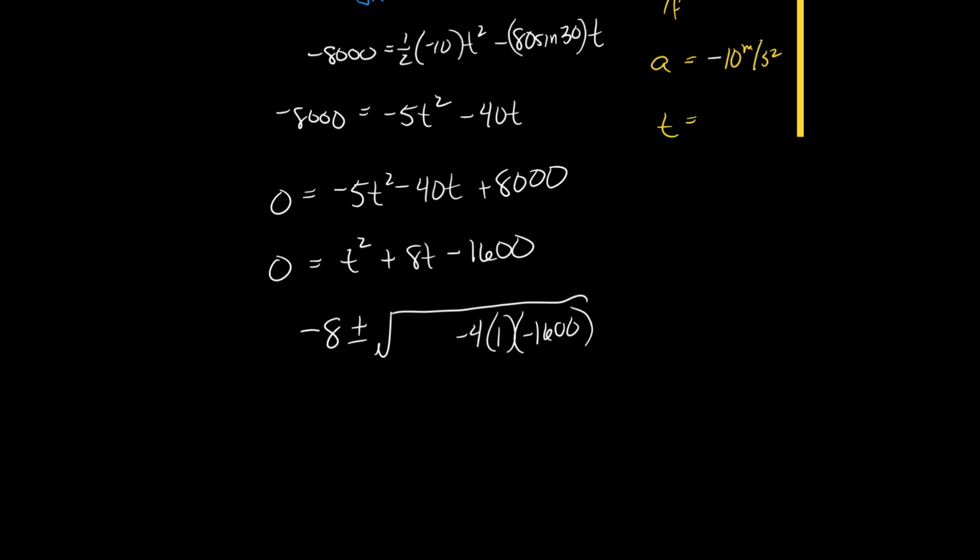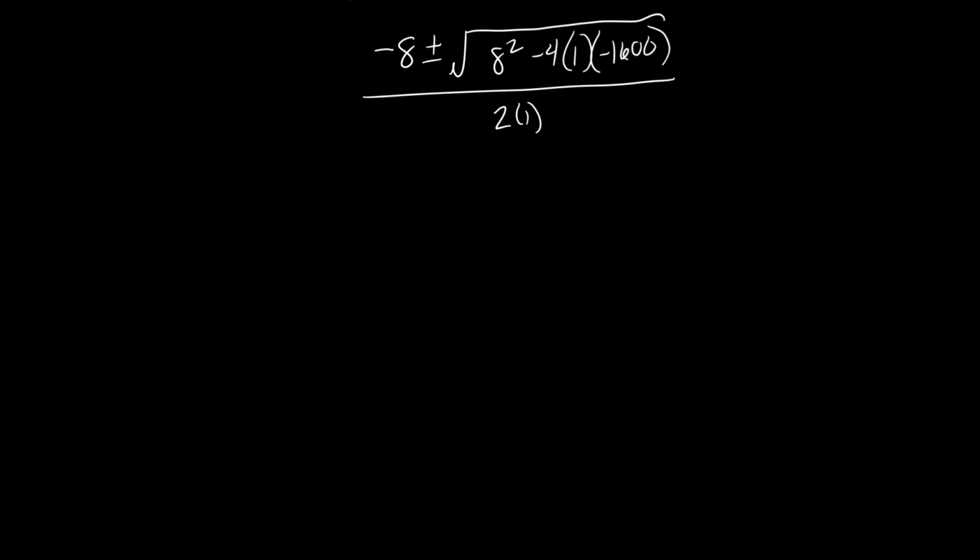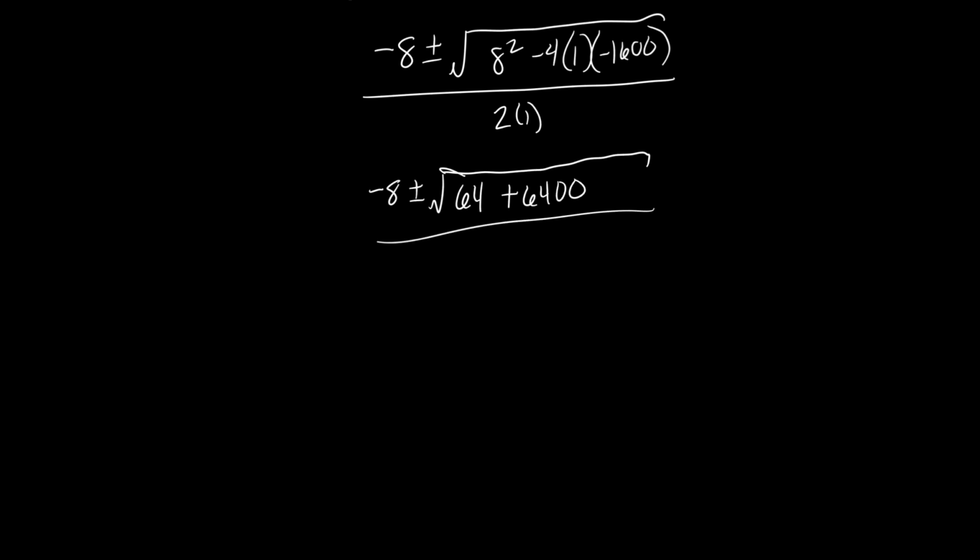Negative b plus or minus the square root of b squared minus 4ac, there we go, divided by 2a. I'm amazed at the number of you who find this stuff to be a challenge. Part of the reason is because you try to do it all on your calculator. Look, just don't bother. Just take your time and write it out. 8 squared is 64. 4 times 16 is 64. So this is plus 6,400. All divided by 2.